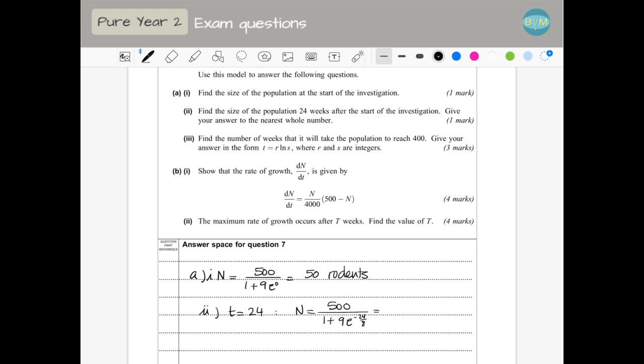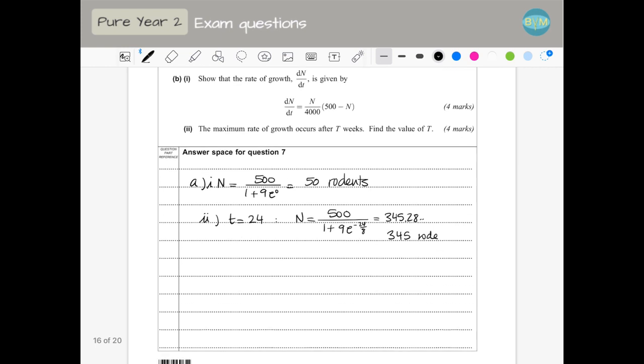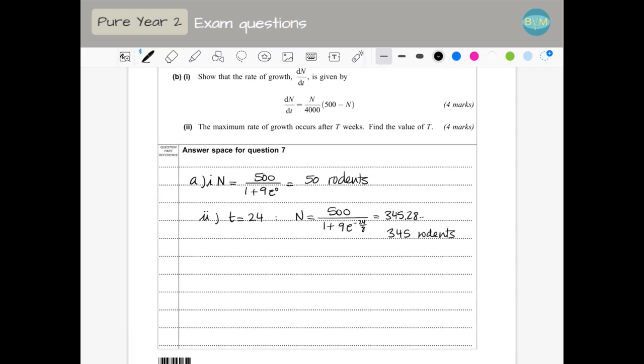And we can do this with a calculator very quickly, and it's 345.28, but rounded to the nearest whole number, nearest unit.